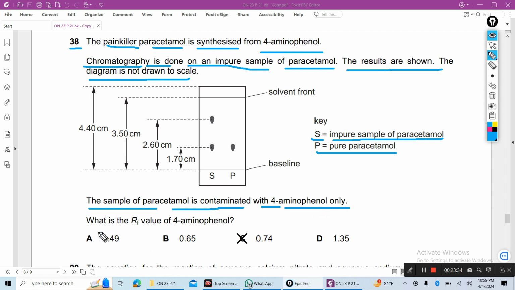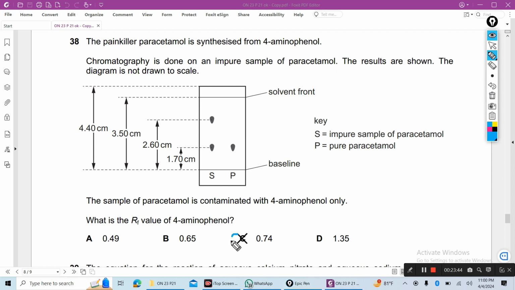So you see, the answer is C, 0.74. How do you get it? C is the correct answer. P is pure, so this is also pure. Impure is this, a new spot is found and its value is 2.60.